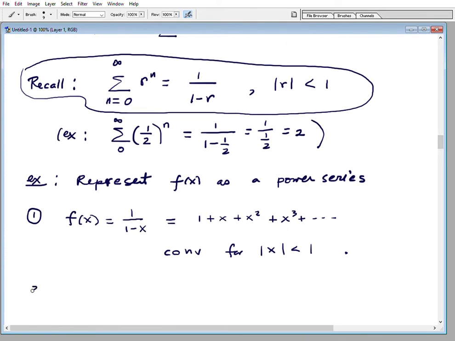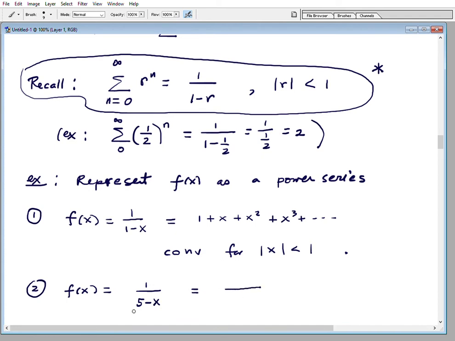So now we're just going to take variations on this. Let's say instead of a 1 there we have 5. Again, we want to keep coming back to this. This is what we're going to use in all these examples. We want to get this to look like 1 over 1 minus r. So basically we want a 1 here. So let's divide by 5, top and bottom.